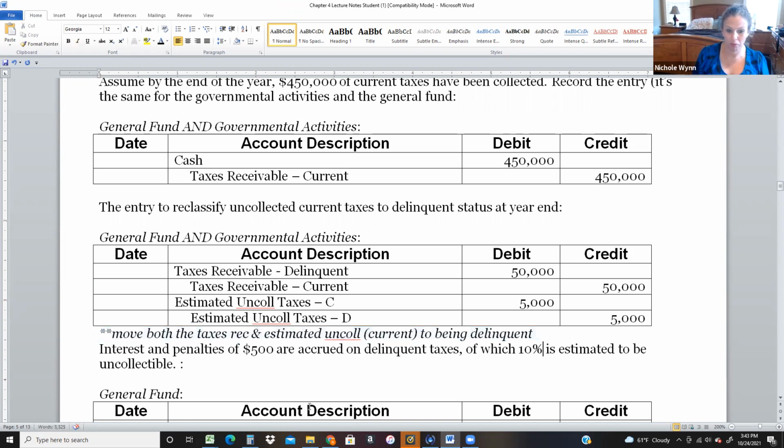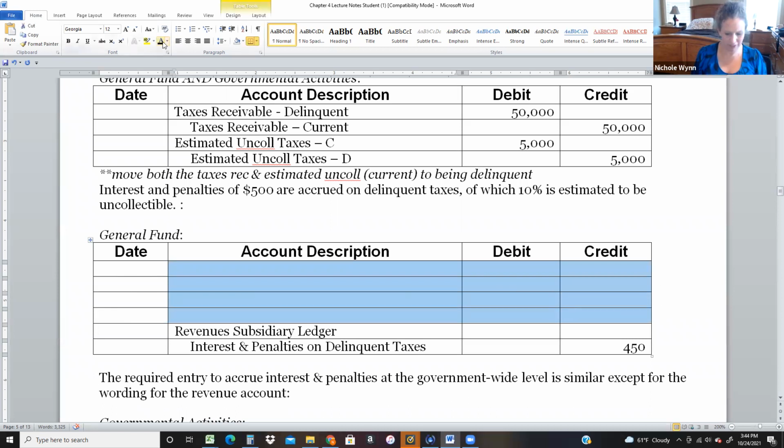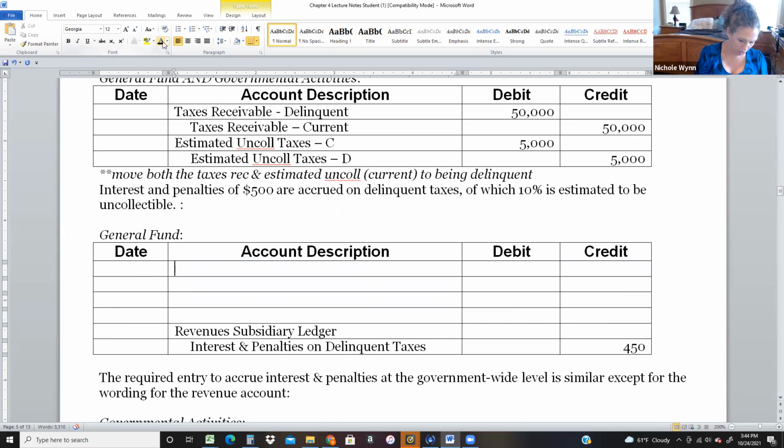So now we're going to charge those people some penalties. Interest and penalties of 500 are accrued on the delinquent taxes, of which 10% is estimated to be uncollectible. So let's go ahead and put that in. Now we're going to charge $500 in interest and penalties on the taxes. So this will be interest and penalties receivable.